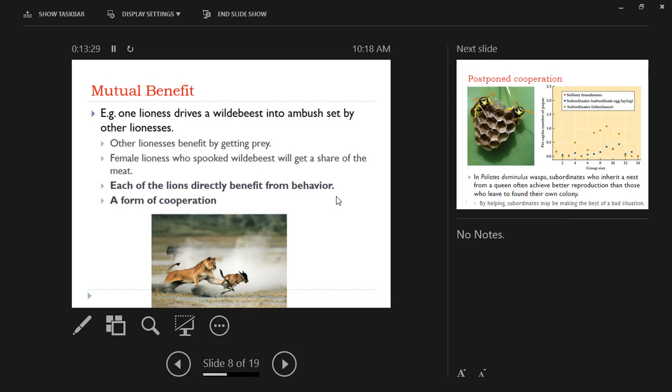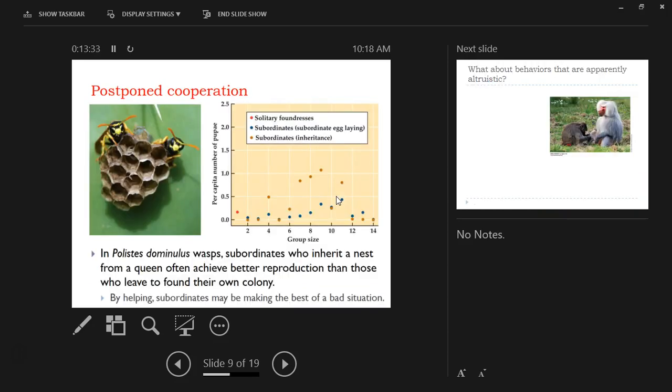Sometimes the mutual benefit is not as obvious, though. So here's an example. This is in wasps, but there's all kinds of examples of this. Some of these appear in the homework again, so we'll return to them. In these Polistes wasps, these are paper wasps, you end up with a queen, effectively, who's doing basically all of the reproduction.